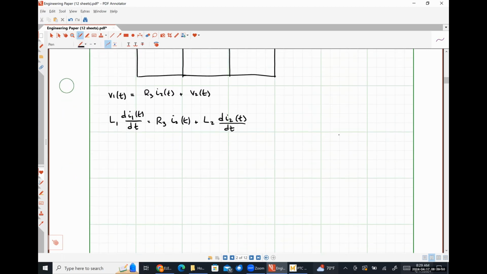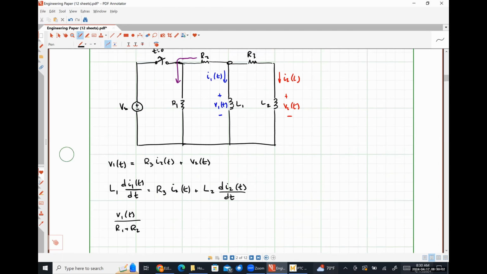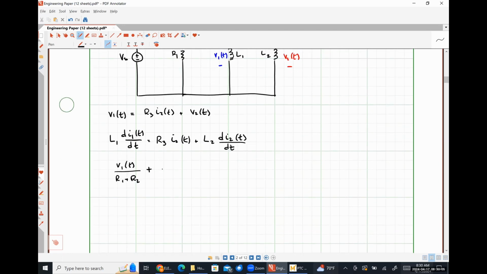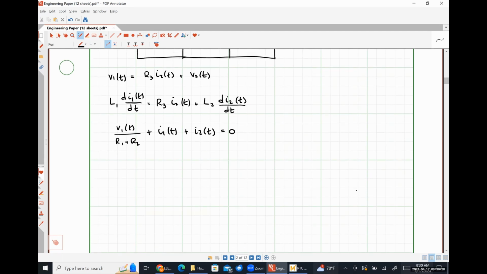So I'm going to have, for my first expression, V1 over R1 plus R2. That's the current flowing to the left out of that node. I have a current I1 flowing out of the node, and I have a current I2 flowing out of the node. And I set all of these equal to 0. And from here, I'm going to substitute in my relationship for my voltage V1.